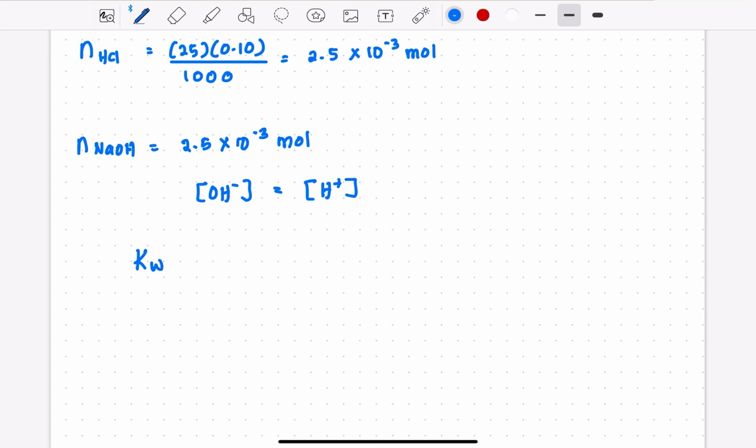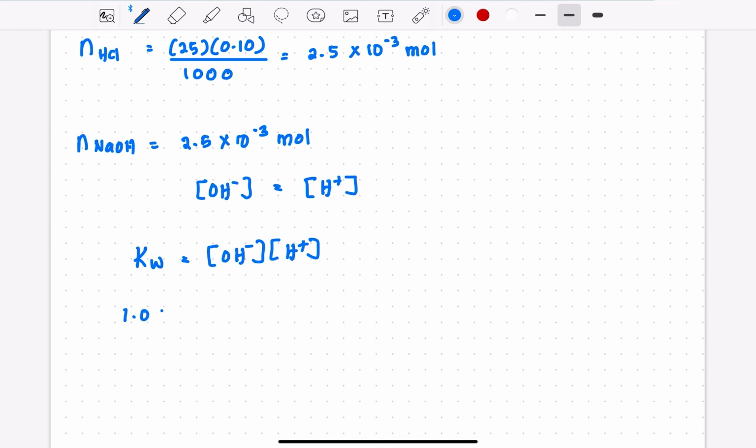Okay, what is Kw? Kw is where the concentration of hydroxide is in equilibrium with the concentration of hydrogen ion. The value of Kw is 1 × 10^-14. So let's assume the concentration of each of them is x, and therefore x is equivalent to 1 × 10^-7, which is equivalent to the concentration of H+.